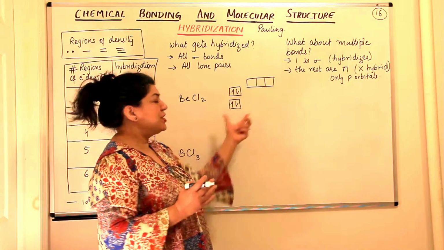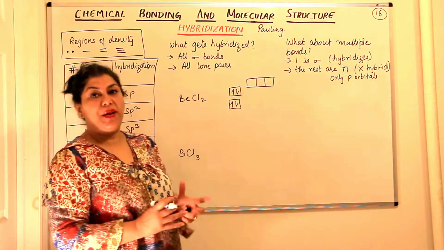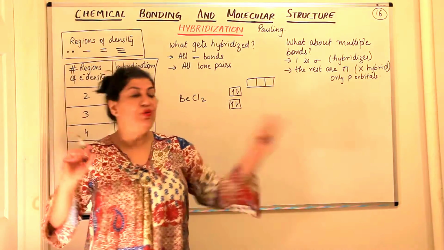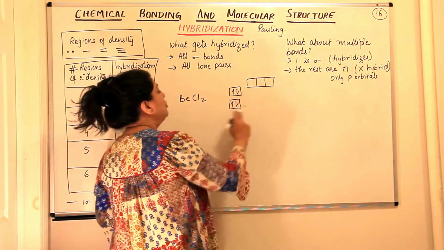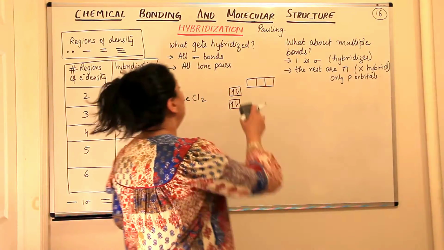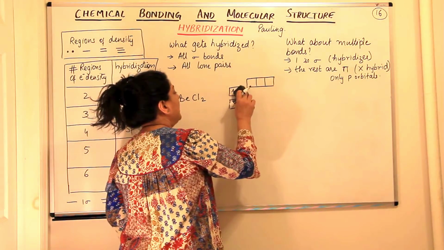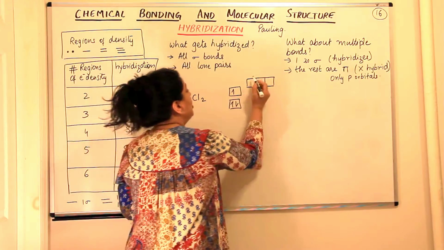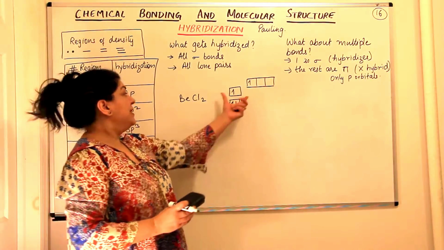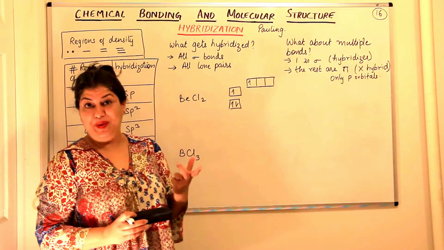So whenever such a situation arises, just before hybridization occurs, now there are 2 chlorine atoms. In order to form those 2 bonds, what will beryllium do? Beryllium will allow one of its electrons to jump up to the 2p orbital. So one electron from the 2s orbital jumps up to the 2p orbital, right? This is called the excited state of beryllium.